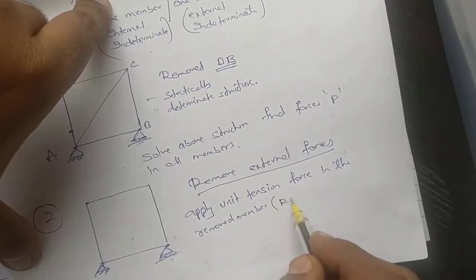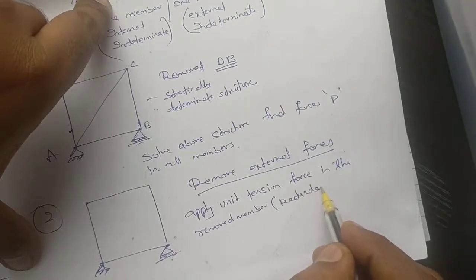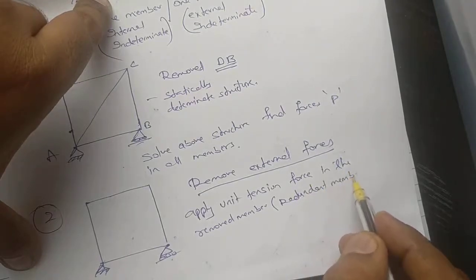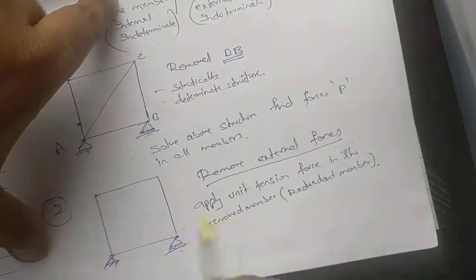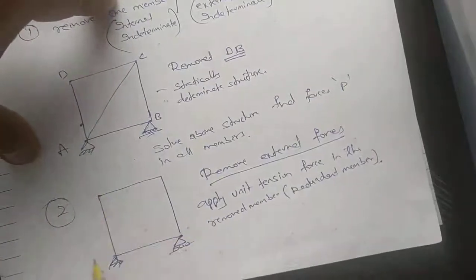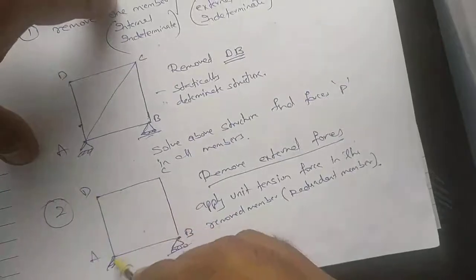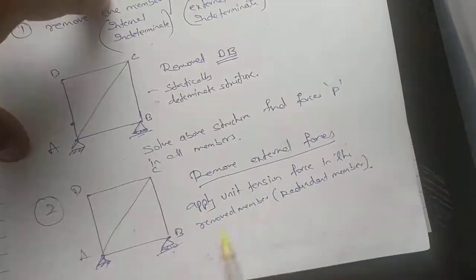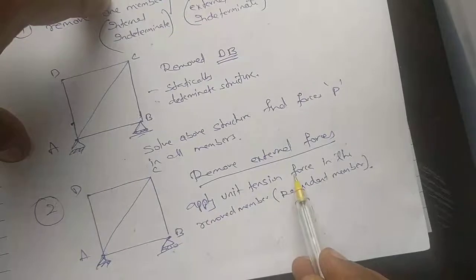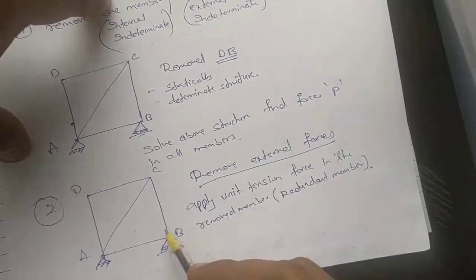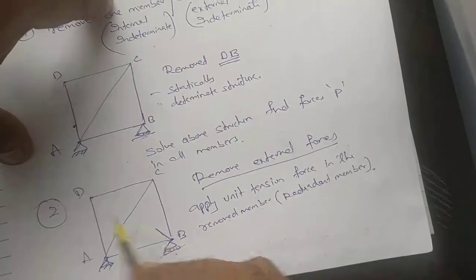We call it the redundant member. So what have we removed? We have removed DB. This is A, B, C, D. We have to apply unit tension force in the removed member, in this member.